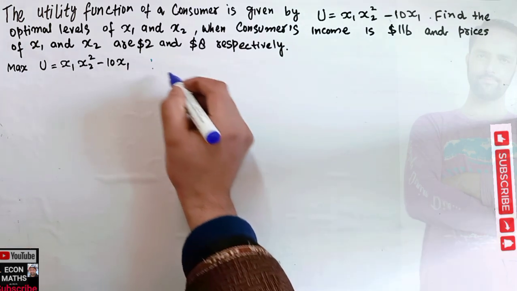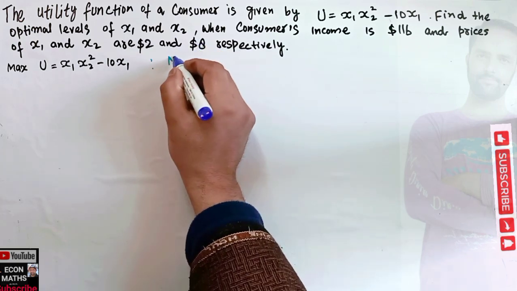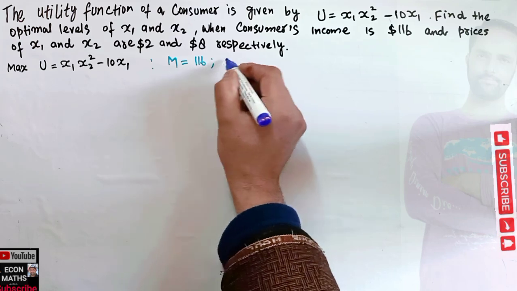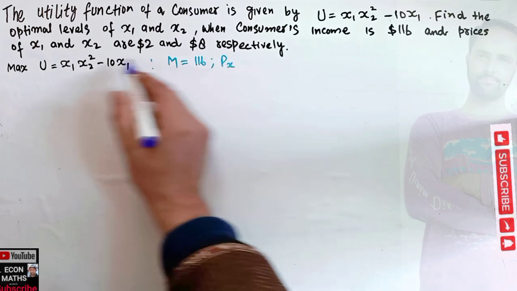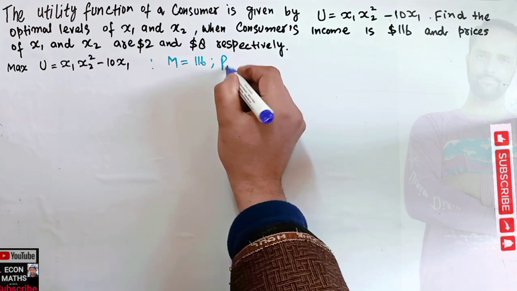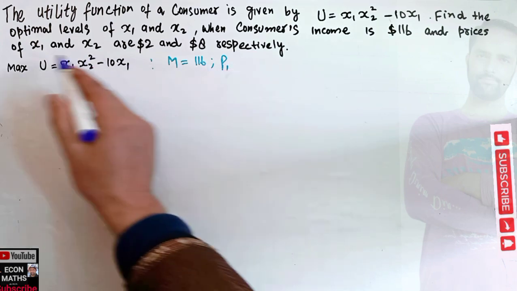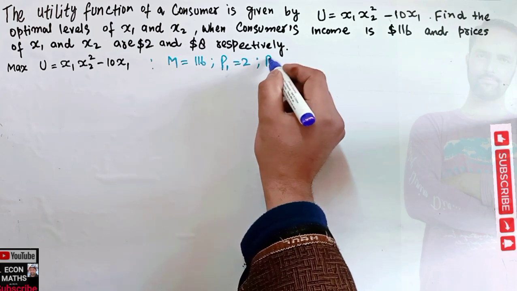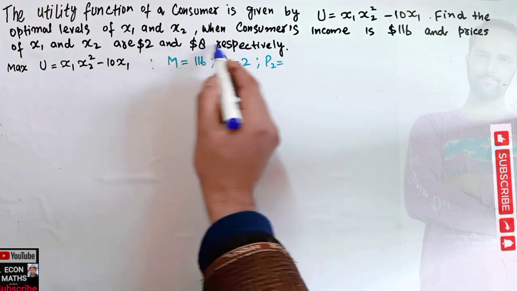We are also given that the income of the consumer is 116, p1, the price of good x1, is $2, and the price of x2 is $8.